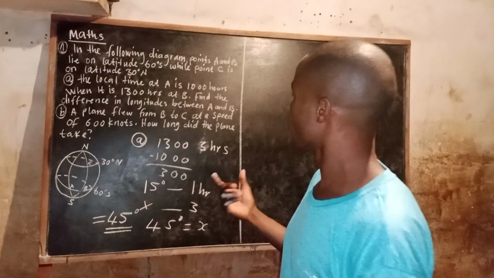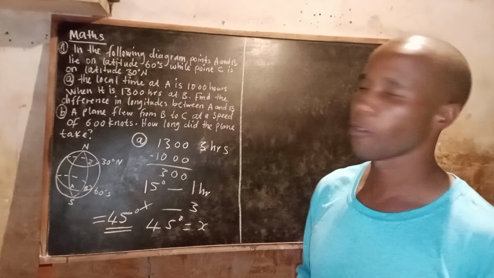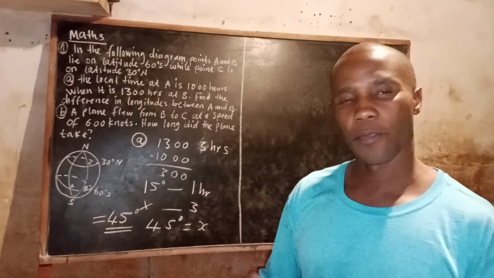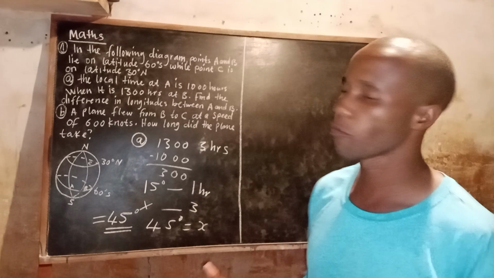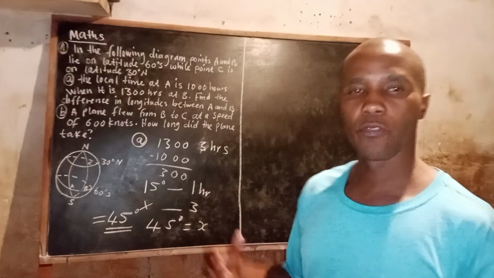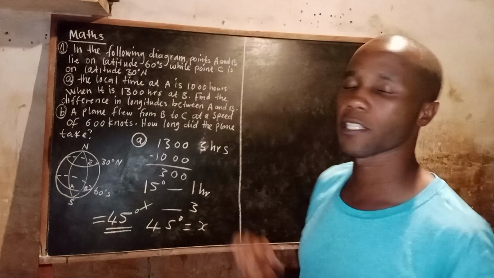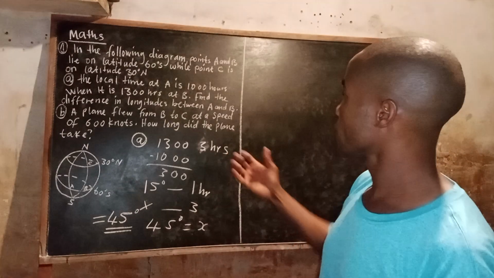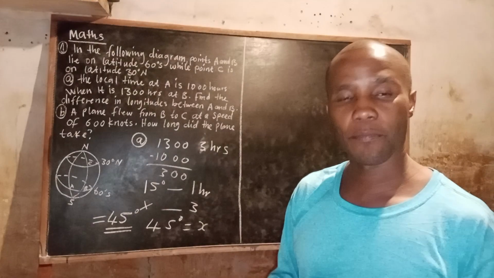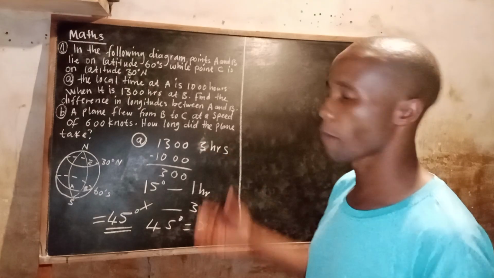When it is in nautical miles, finding the distance is very simple. You don't have to waste much time introducing the formula theta over 360 times 2 pi r. No, just do the simplest formula since you are in nautical miles.